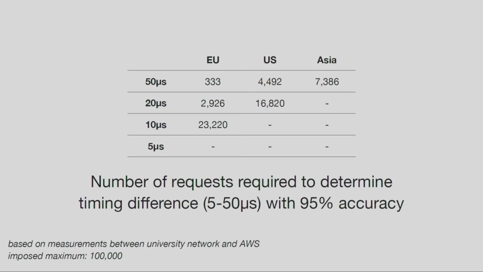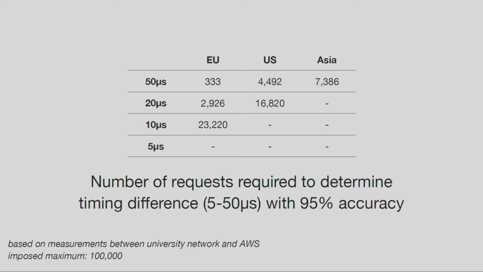For a smaller timing difference, for instance 20 microseconds, it took 2,926 requests on average. And for 10 microseconds, it's 20,000 requests to determine this timing difference with this classical type of timing.